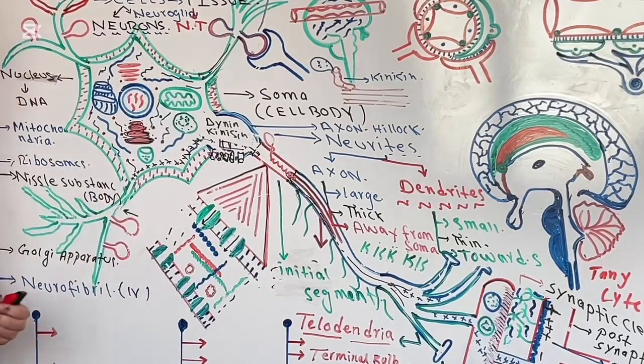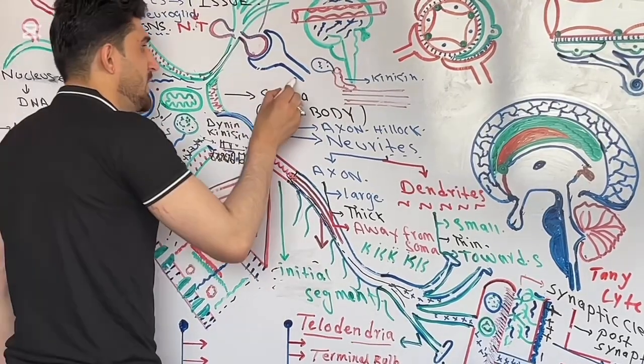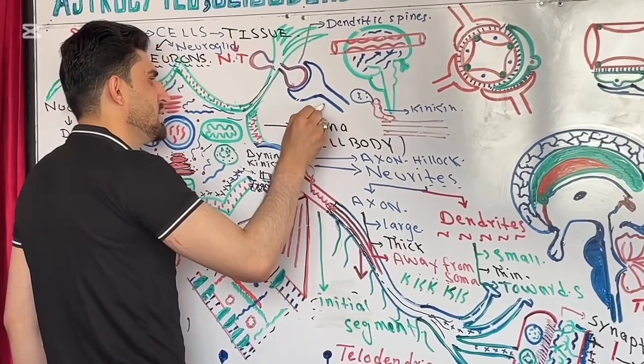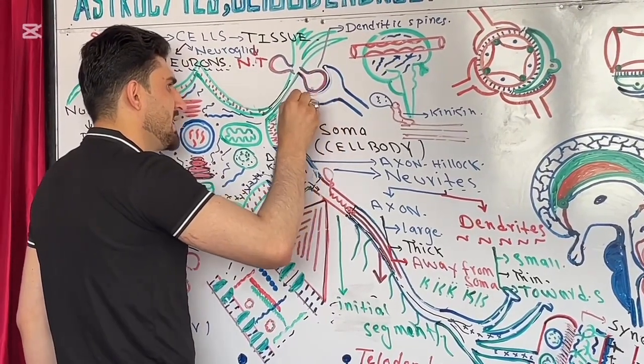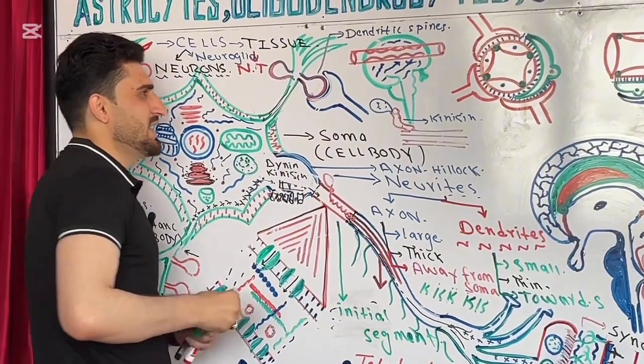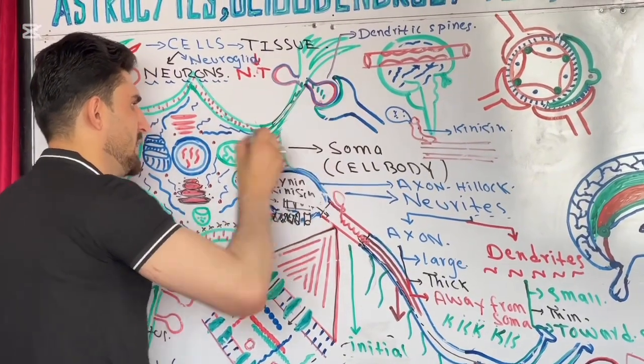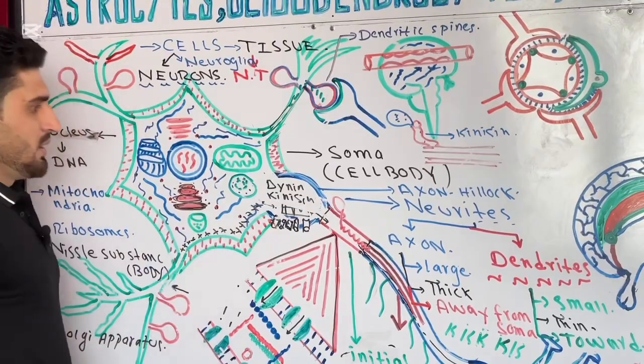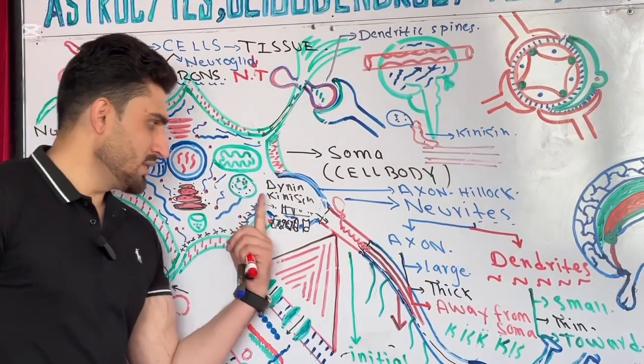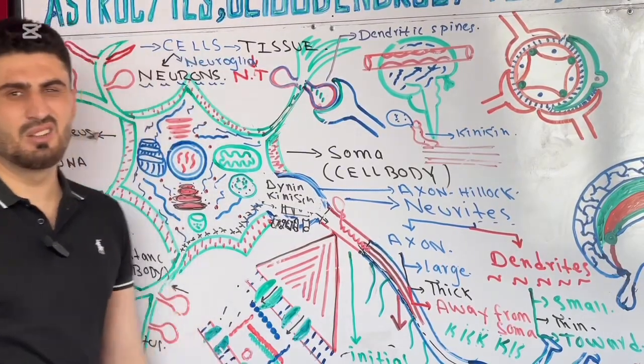These are the areas where an axon branch or telodendron comes and makes a synapse with the dendritic spines, and then this stimulation is carried to the soma, from the soma to the axon hillock, and from the axon hillock to the initial segment.